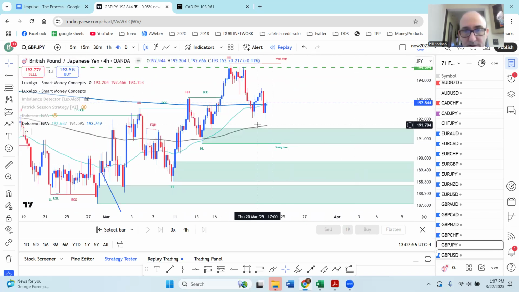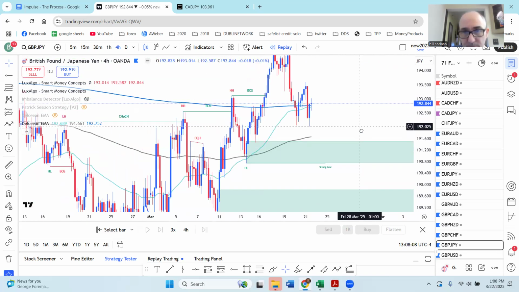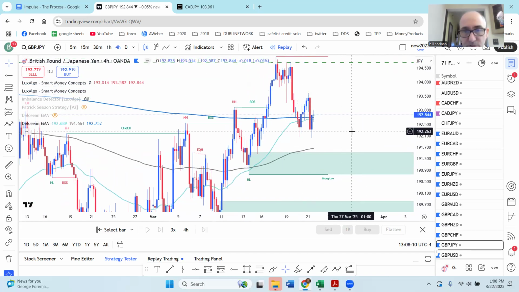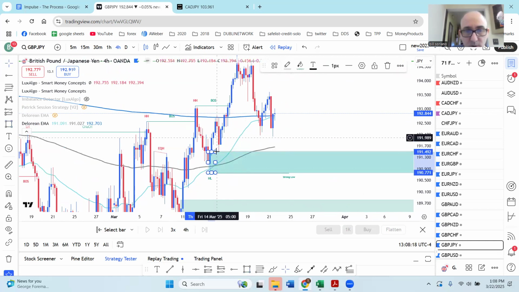GBP-JPY, this one is actually bullish right now. So we can put the blue flag on here because price did move above the 800 and it has closed above the 800 here. And the 50 is above the 200. So that gives us this demand zone right here. Again, this wick did touch it, but that was prior to the break of structure.